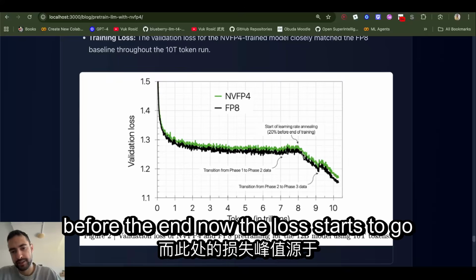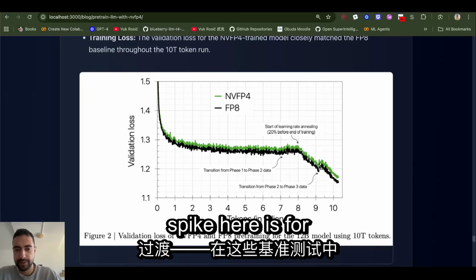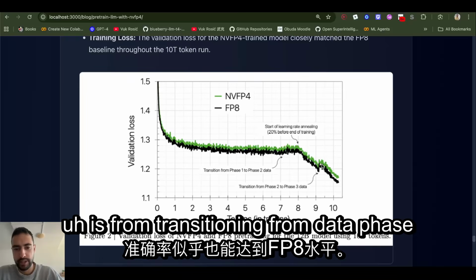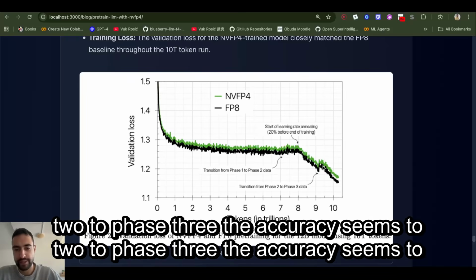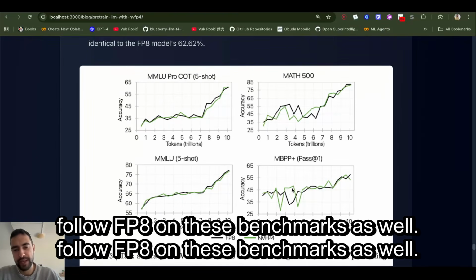Now the loss starts to go down a lot faster, and then this loss spike here is from transitioning from data phase 2 to phase 3. The accuracy seems to follow FP8 on these benchmarks as well.